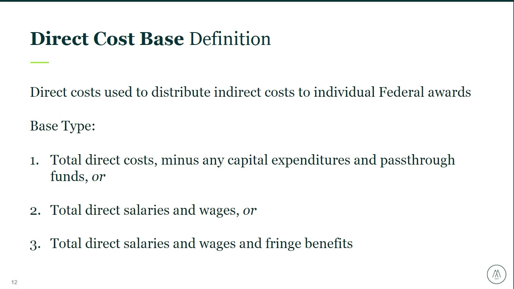What I would say is just make sure that periodically you evaluate, does the base that you're using continue to make sense? For that total direct cost minus exclusions, there can be a little more work to make sure you're getting that calculation correct, that you've got the right exclusions that you're using, and that salaries and wages piece makes that calculation sometimes a little bit simpler.